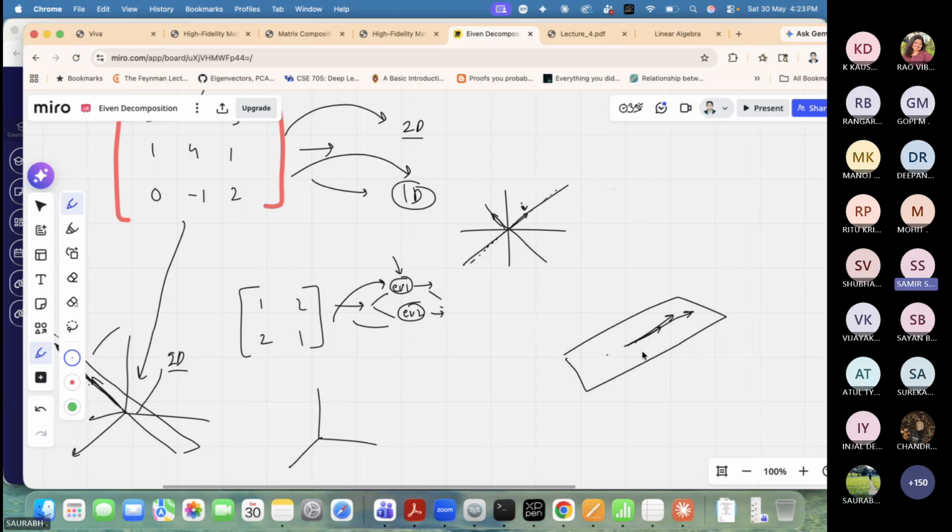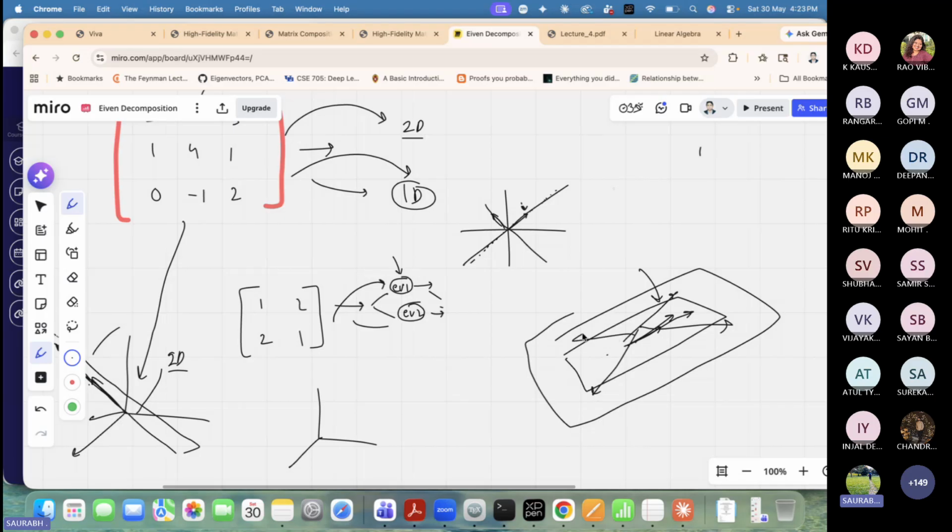It can be a plane as well. So think of this entire plane right now. This entire plane is getting stretched because of the force applied by the transformation, the 3D matrix. So all the vectors in this space are the eigenvectors in that case.